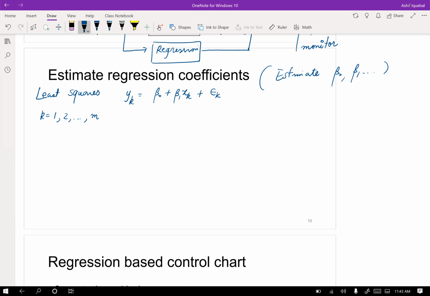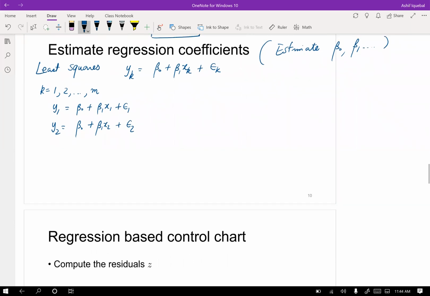So I can write down y1 equals beta 0 plus beta 1 x1 plus epsilon 1. I can write down y2 equals beta 0 plus beta 1 x2 plus epsilon 2. And we can keep on writing this up to ym, which is equal to beta 0 plus beta 1 xm plus epsilon m. Now, if you observe, these are essentially a bunch of linear equations, right?